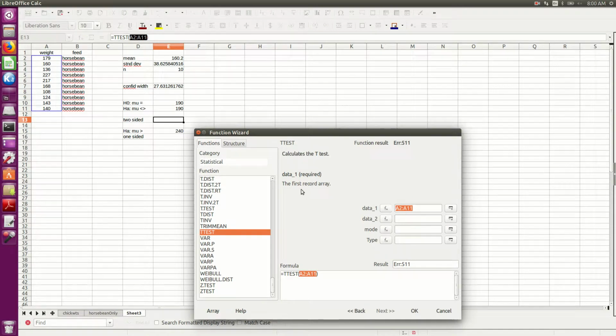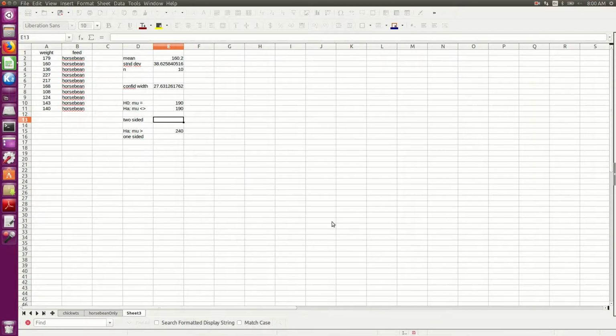But now notice data 2. Well, unfortunately, it says it's required. So I don't really have a way to do this single sample t-test, testing against a mean, other than, so I'll cancel that, other than our usual method.